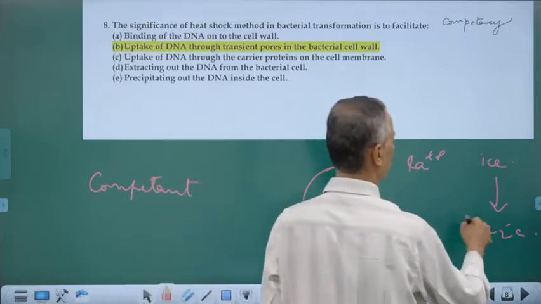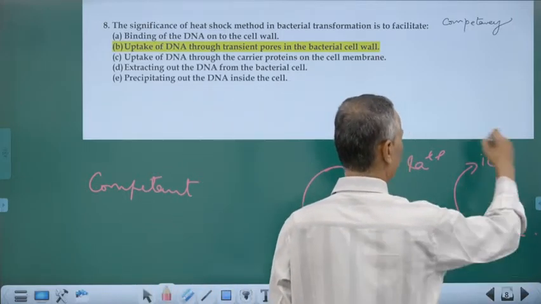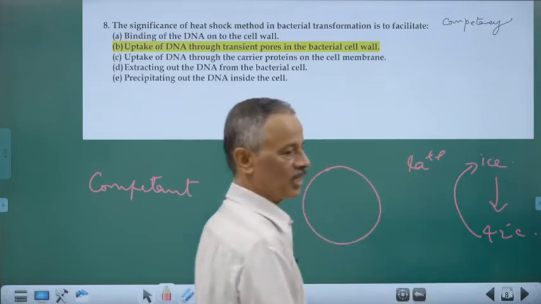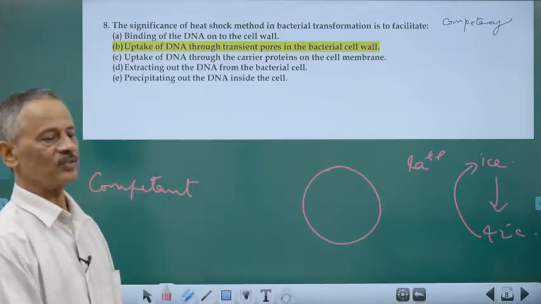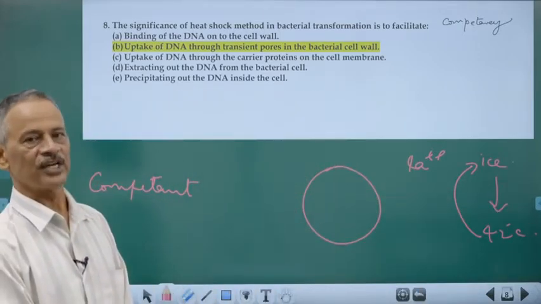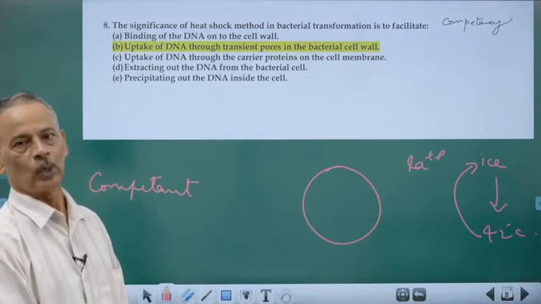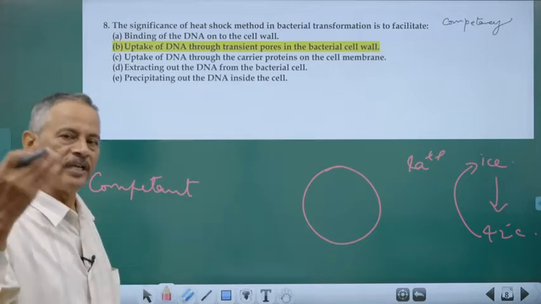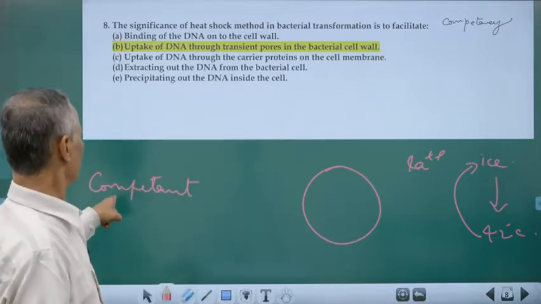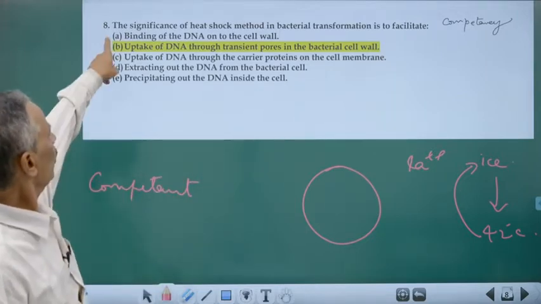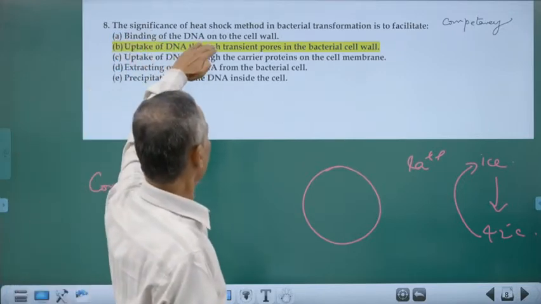Again back to ice. So repeatedly you change the temperature so that because of those quick sudden temperature changes, there may be some transient pores, temporary pores produced in the membrane through which DNA may enter in. That technique is called competency. Okay, this technique is called heat shock method.